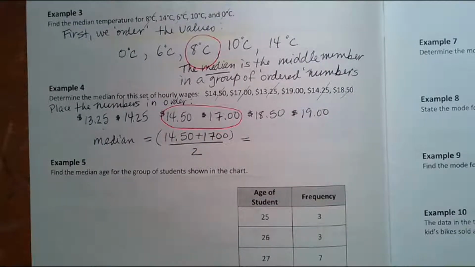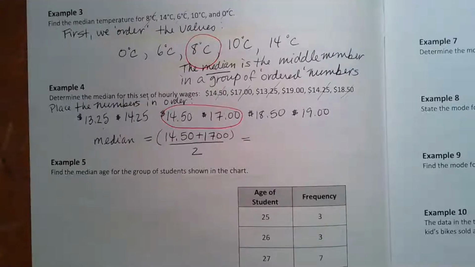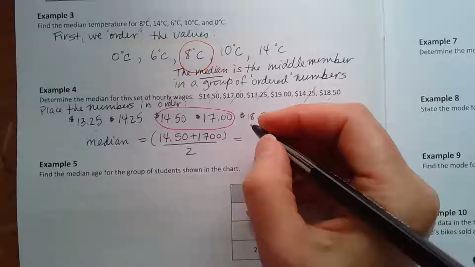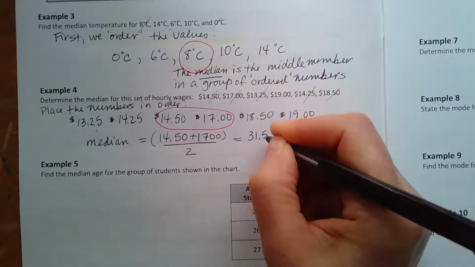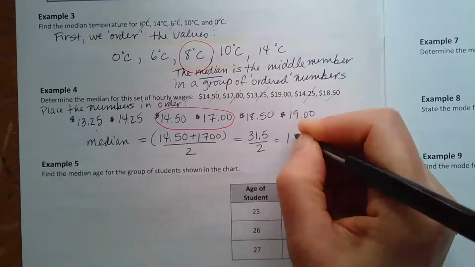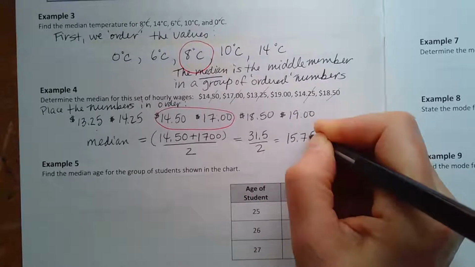So I'm going to add up $14.50 and $17 and divide that by 2. So I get 31.5 divided by 2. That gives me 15.75.